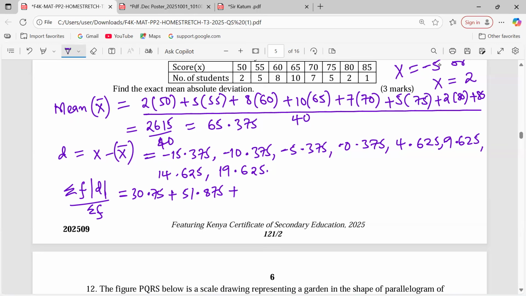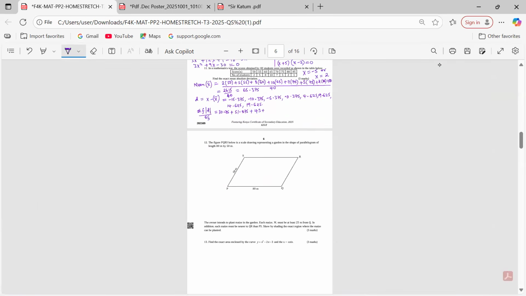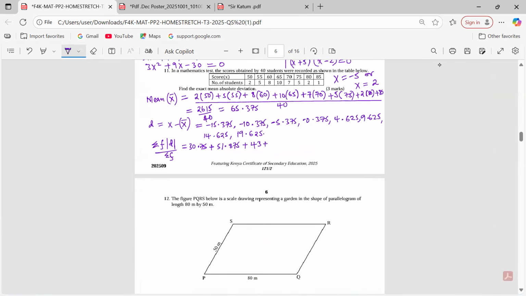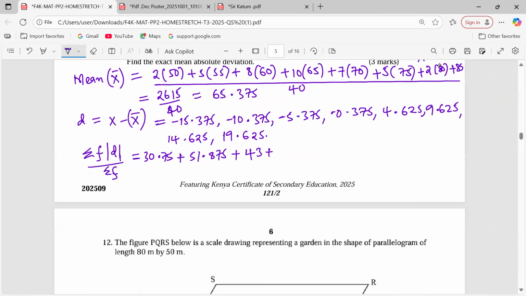51.875 plus, in the next, we have 8 students with a deviation of 5.375, giving us exactly 43 plus a deviation of 0.375 times 10, to give us 3.75.